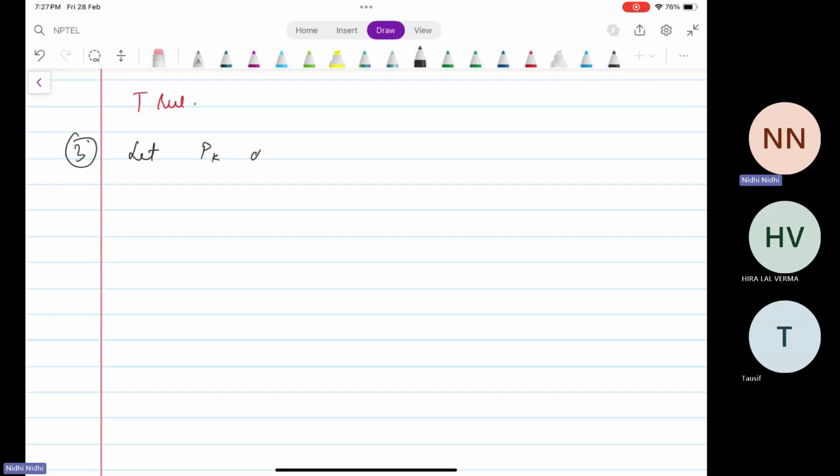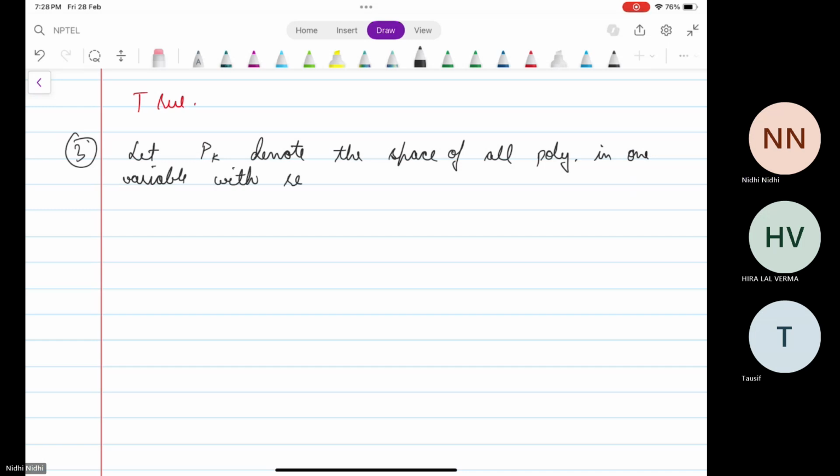Let PK denote the space of all polynomials in one variable with real coefficients and degree less than or equal to k.